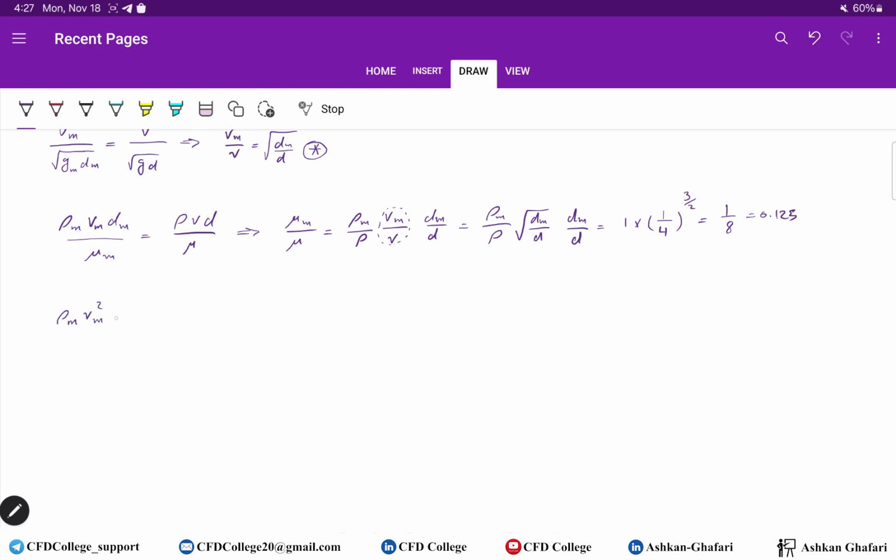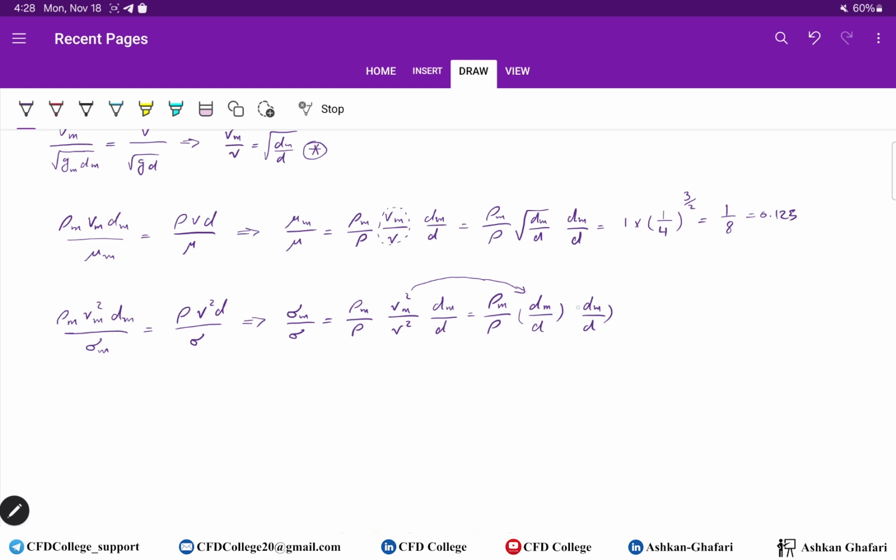And from Weber number similarity, we should find the scaling for the surface tension. So rho m Vm square Dm over sigma m equals rho V square D over sigma, which means that sigma m over sigma equals rho m over rho times Vm square over V square times Dm over D. The ratio of densities is 1, and we have the star equation, so it equals rho m over rho times Dm over D times Dm over D. So we have 1 times 1 over 4 times 1 over 4 equals 1 over 16 equals 0.0625.